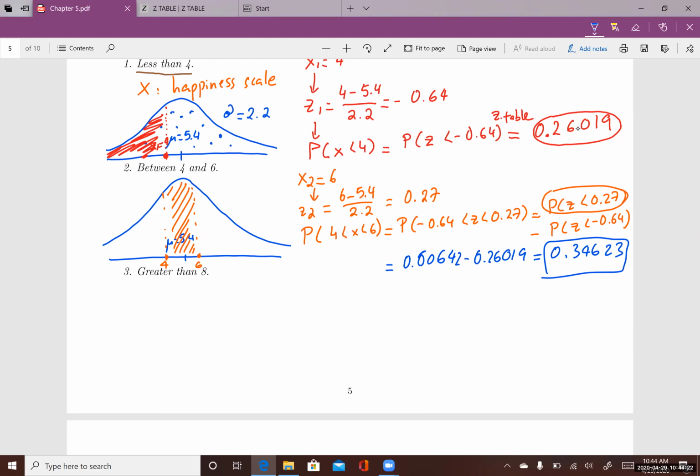How about the last part? When you want to find the probability of selecting a random response that is greater than 8. So 8 should be here. And mu is still 5.4, and the standard deviation is still 2.2.